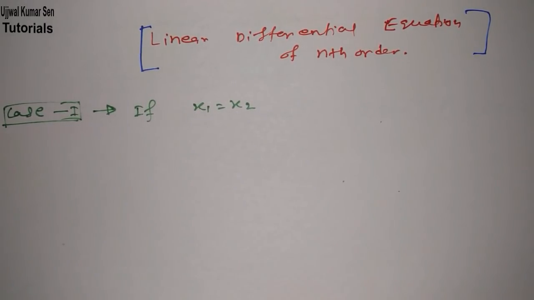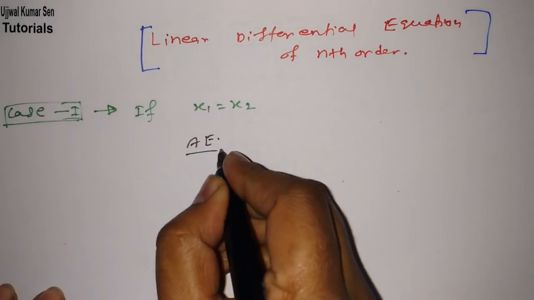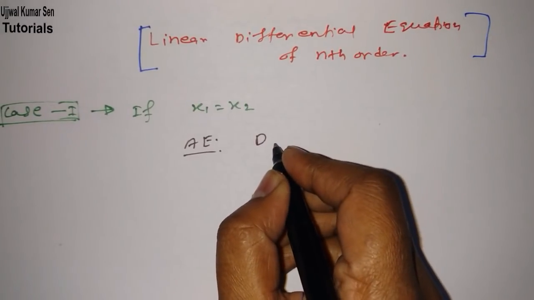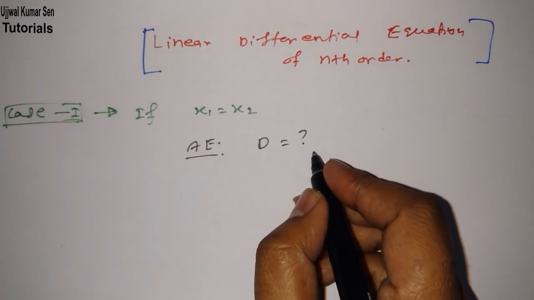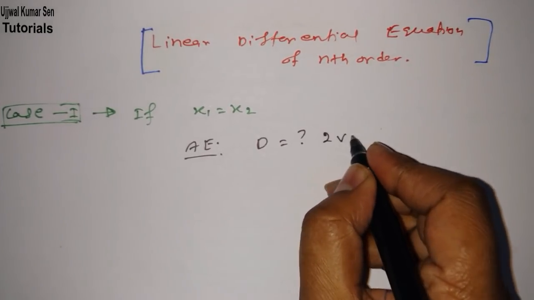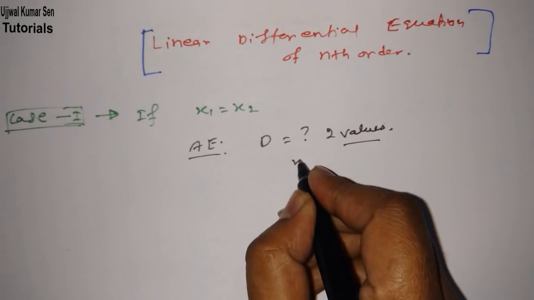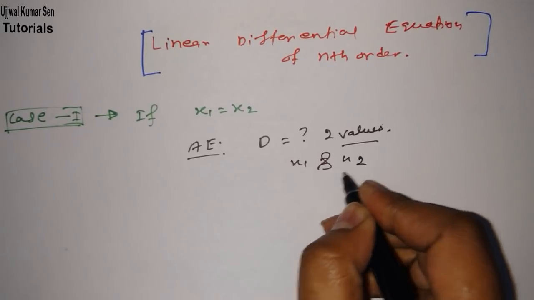Now if you have studied linear differential equation of nth order, then probably you are getting my point, that is, what is the meaning of x1 is equal to x2. When we write the auxiliary equation, there we find the values of d. So suppose we got two values of d, x1 and x2.